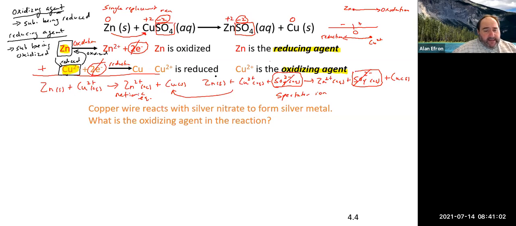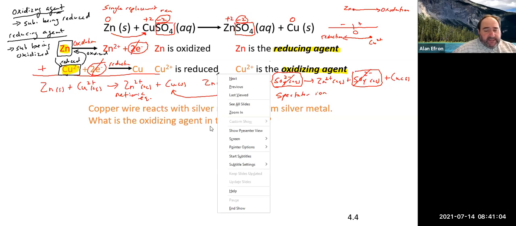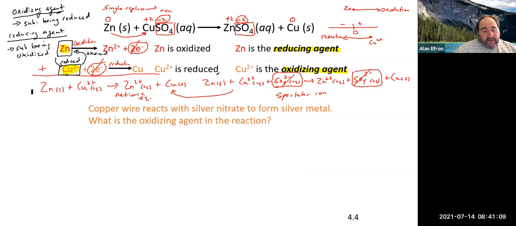Now, by the way, oxidizing agents and reducing agents can be found on the reactant side of the reaction. When you are asked what is the oxidizing agent or what is the reducing agent in a problem like this, you should specify that it is zinc with no charge that is the reducing agent, and it is the copper with a +2 charge that is the oxidizing agent.